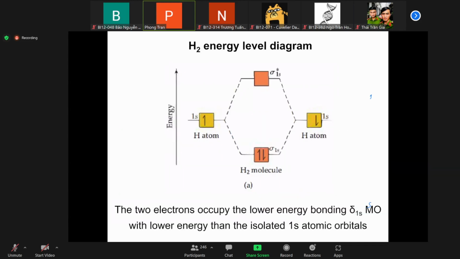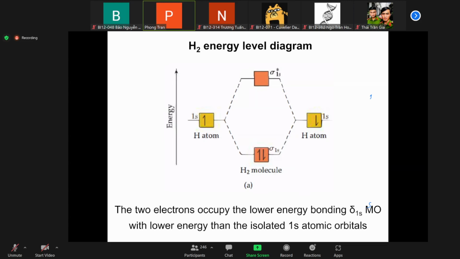Then we pick up the electrons of the two atoms, because now they combine together. So one electron from one s, another electron from the second hydrogen. So you have in total two electrons. The two electrons will occupy the lower energy bonding orbital, with lower energy than the isolated 1s atomic orbital.